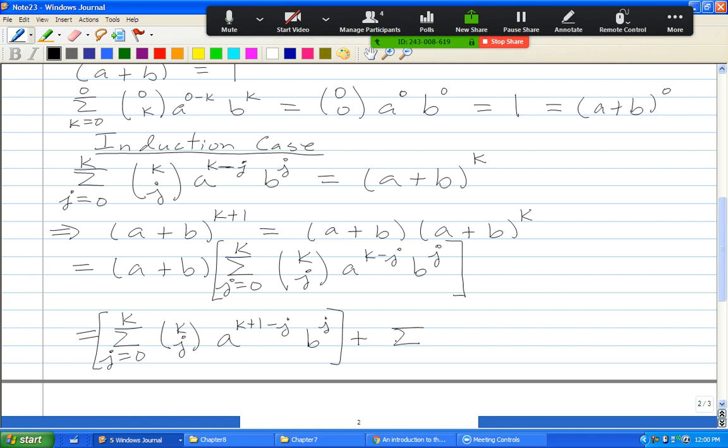So it's the sum j equaling 0 to k of k choose j a to the k minus j b to the, again, I'm just multiplying, so I add exponents, b to the j plus 1. Okay, good.